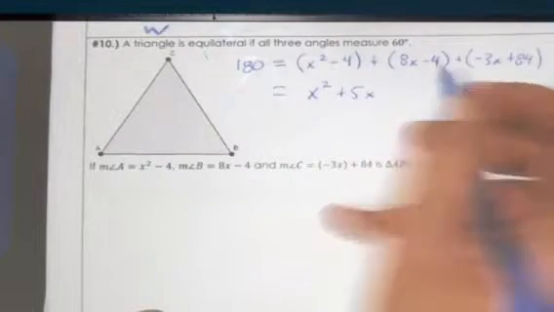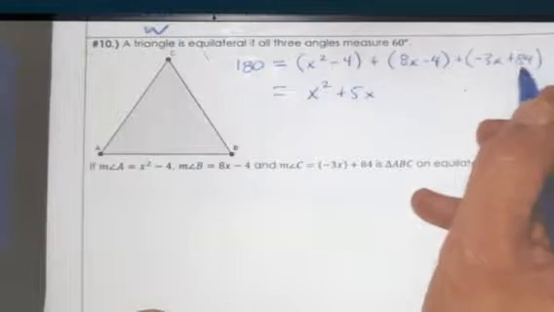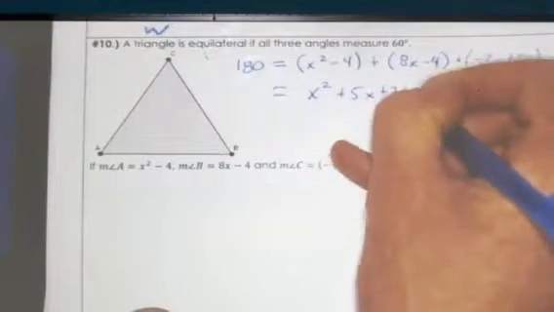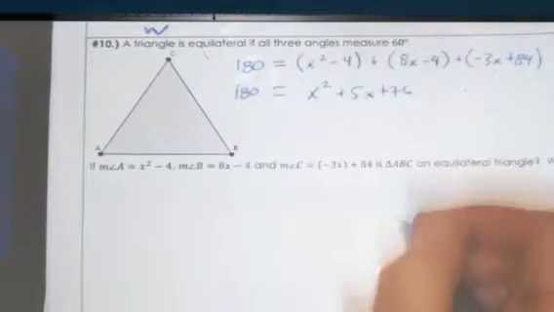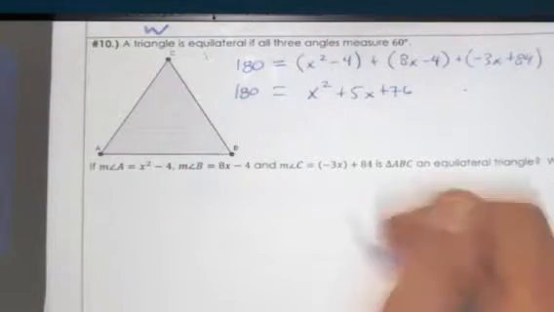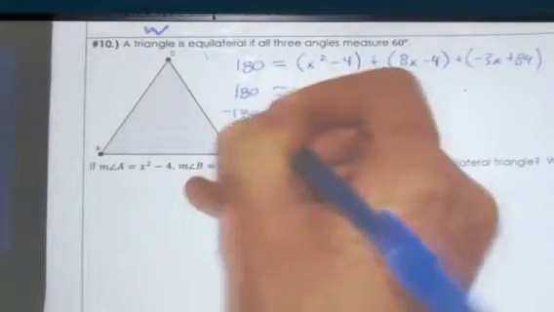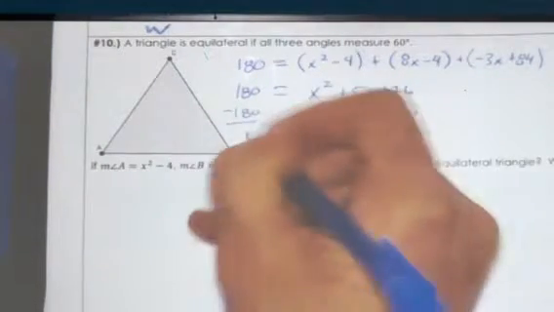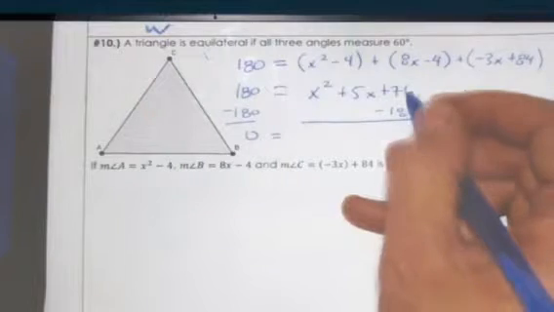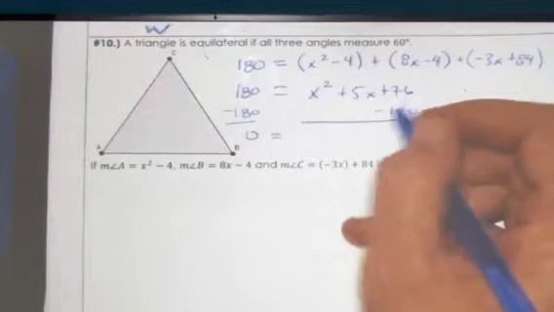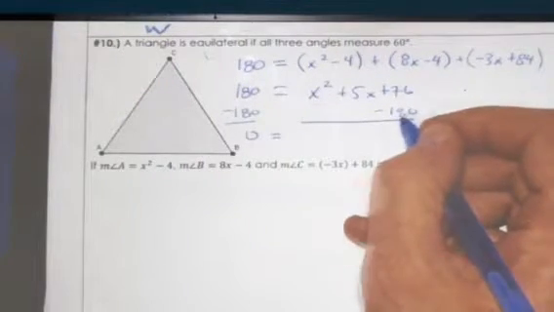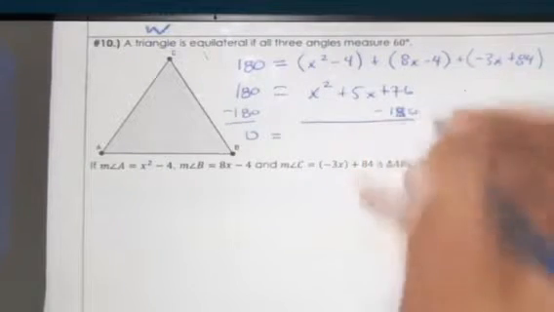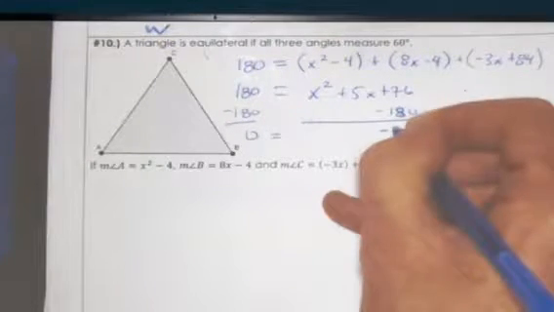And then minus 8 plus 84 is plus 76. That equals this 180. Now subtract 180 from both sides. 0 equals, and now be careful with this. 76 minus 180 is minus 104.